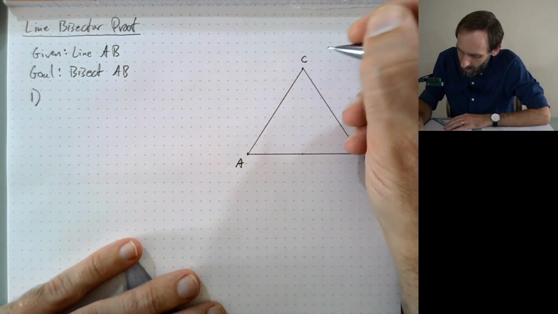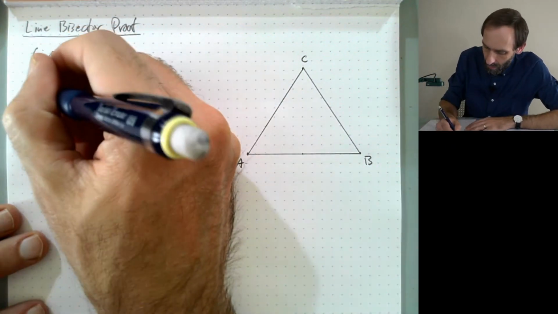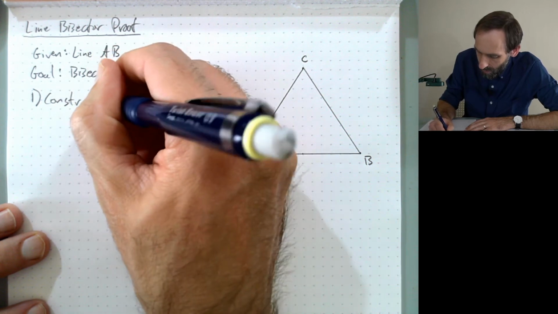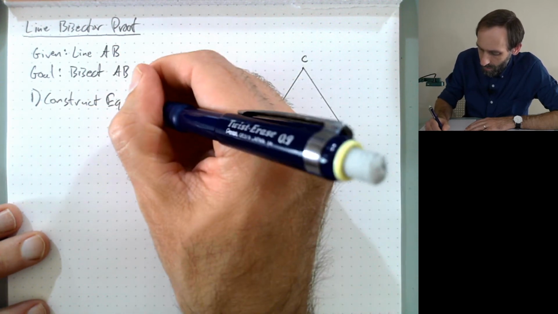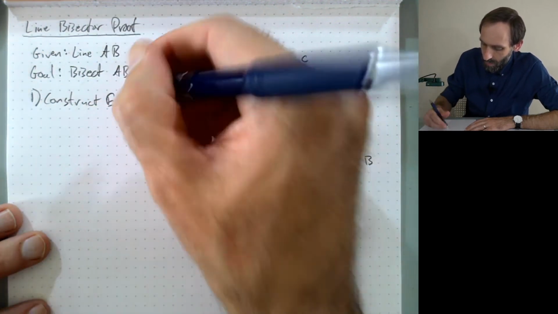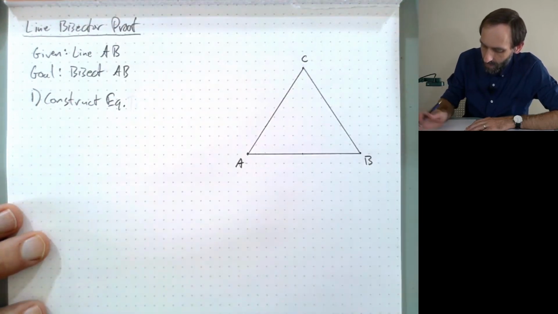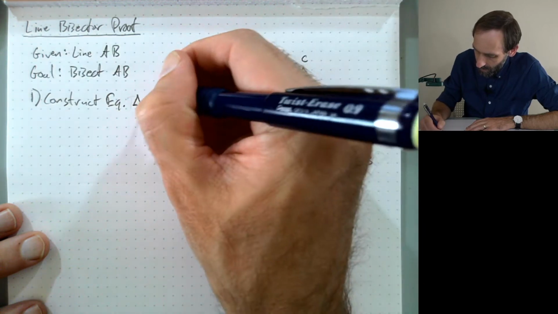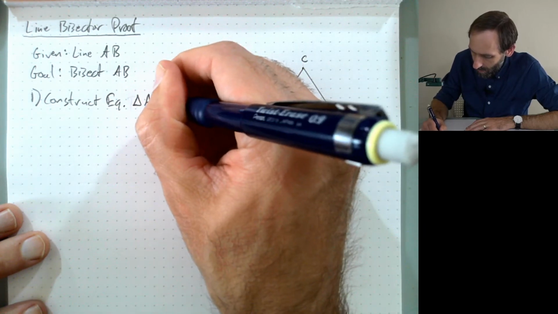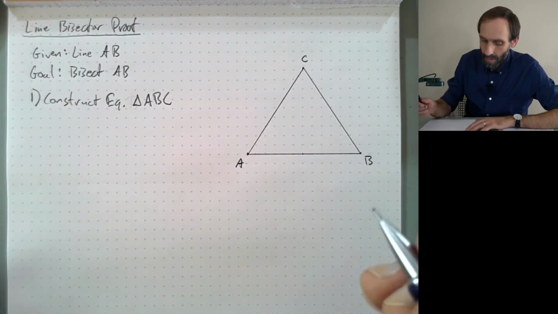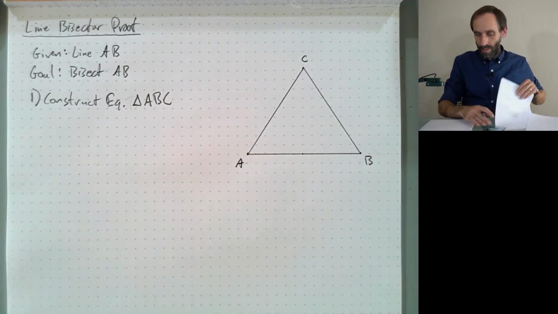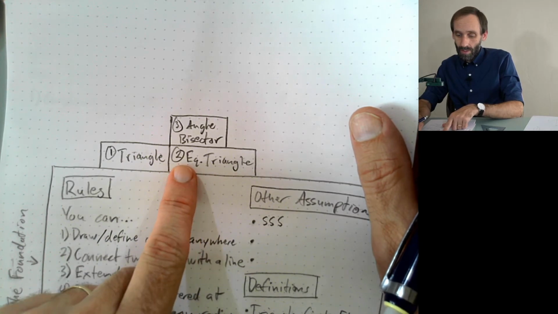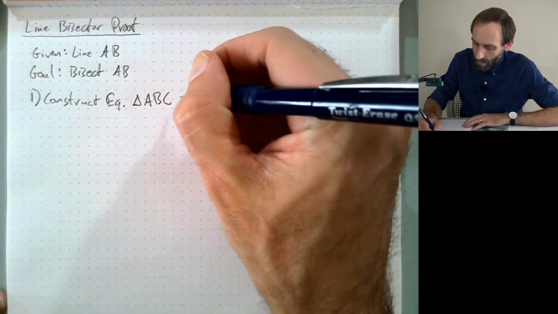So this is the point C. So construct the equilateral triangle, actually, I'll just use the triangle symbol here, triangle ABC. And my justification there, of course, is I have a brick for this equilateral triangle construction, brick number 2.